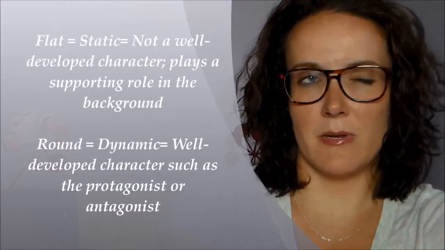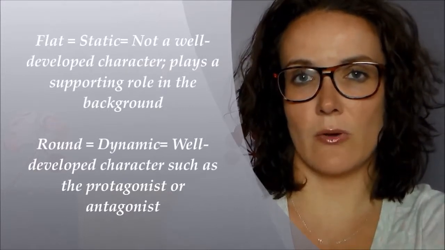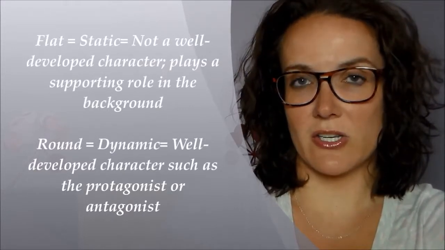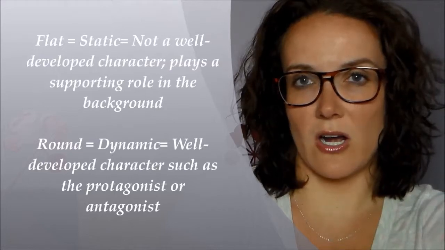Oftentimes background characters that aren't the antagonist or protagonist may stay static throughout the whole story. So you have protagonist, antagonist, static, and dynamic. And then you have flat and round, which is kind of the same, in my opinion, as static and dynamic. Obviously, you want rounded characters. Your main characters are often the rounded ones, and the flat characters are often your supporting cast, if you'd like to think of it in that way.